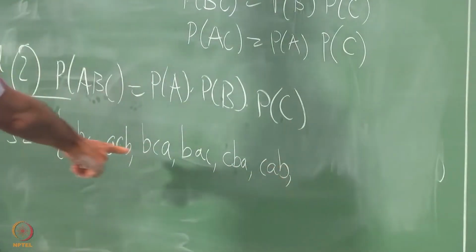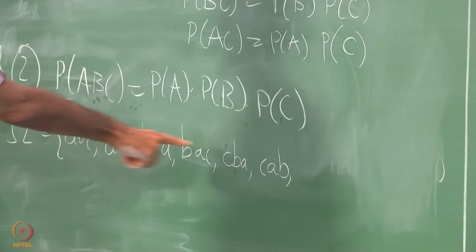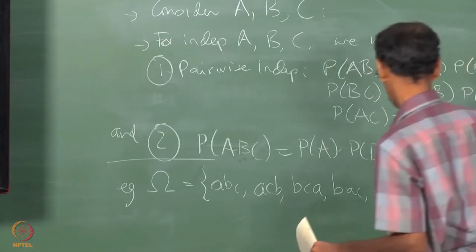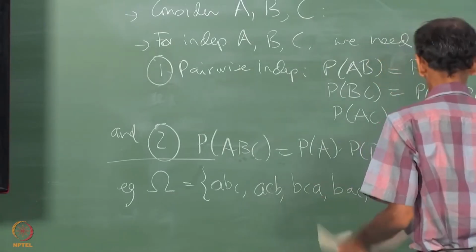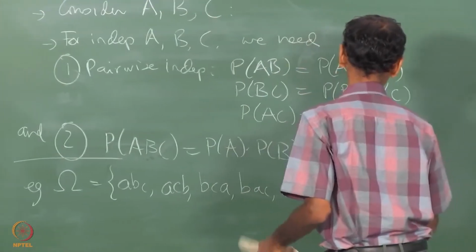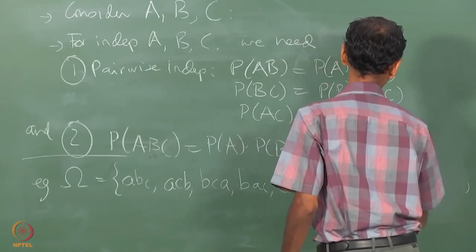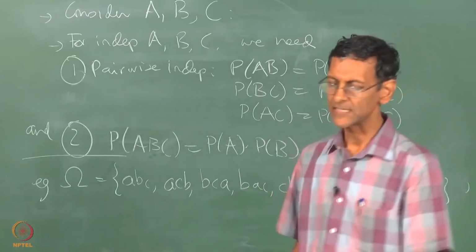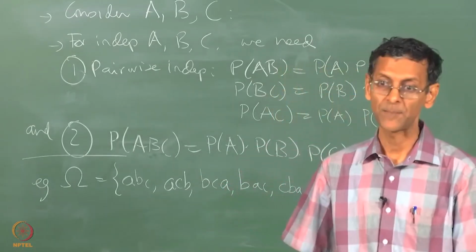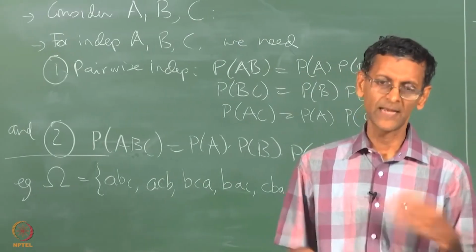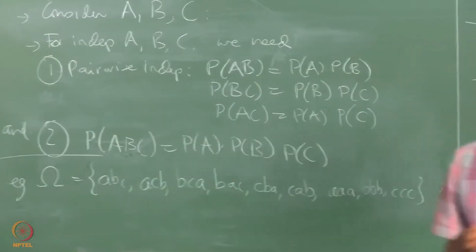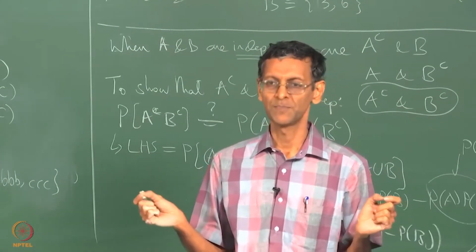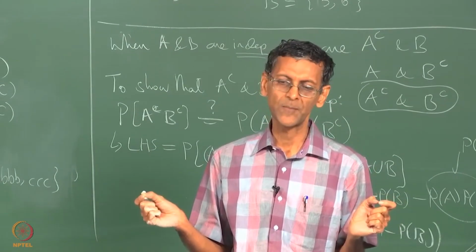So I have 6 of these, all 6 permutations of A, B and C. Then I have 3 more: A, A, A; B, B, B; C, C, C. In other words, let's say that I've written these character strings on 9 pieces of paper, and then I jumble them up and pick any one of these, a piece of paper out of a hat.